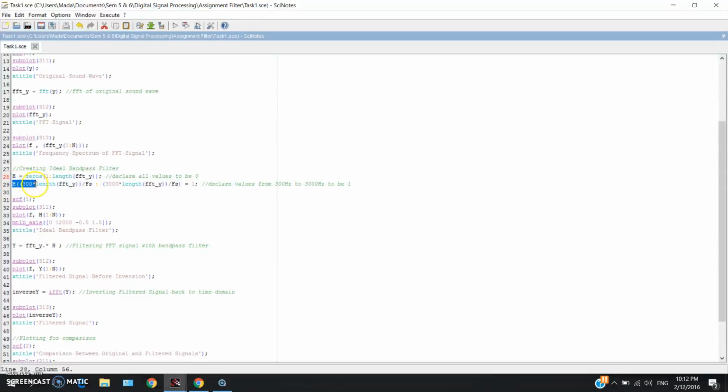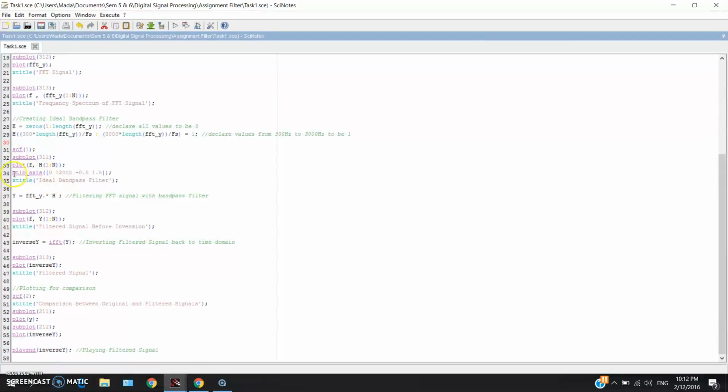And the second line declares the values from 300 hertz to 3000 hertz to be 1. And for line 34, here I use MATLAB axis to declare the limit of the y-axis, which is from negative 0.5 until 1.5.